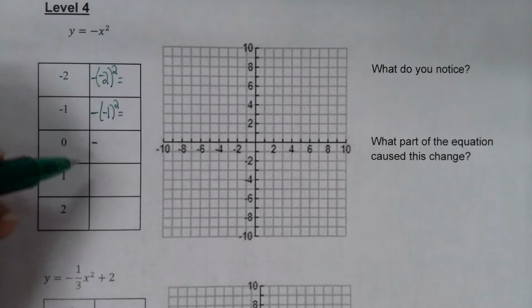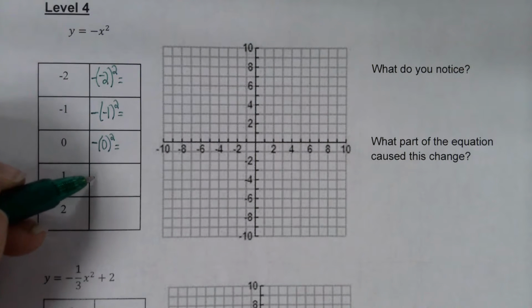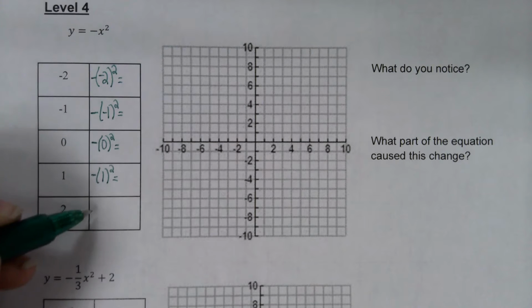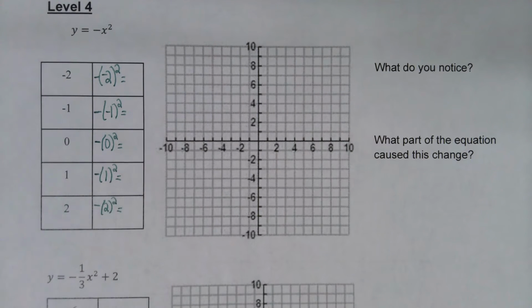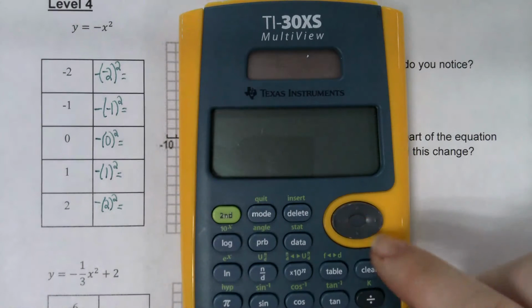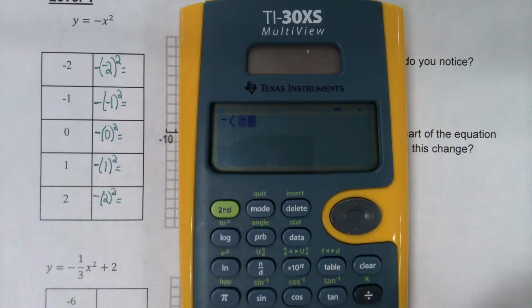Negative from outside the x, then our 0 squared, all the way down. So we'll type that into our calculator. And we have negative, parentheses, -2 squared.